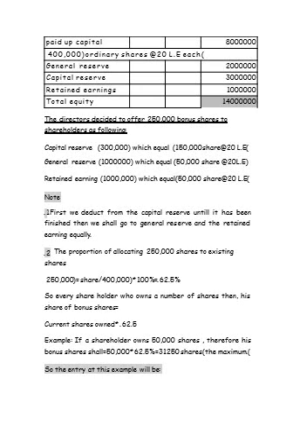Okay? And the second decision is the proportion of allocating 250,000 shares to existing shareholders. It equals 250,000 shares divided by 400,000 shares, times 100. This equals 62.5%.